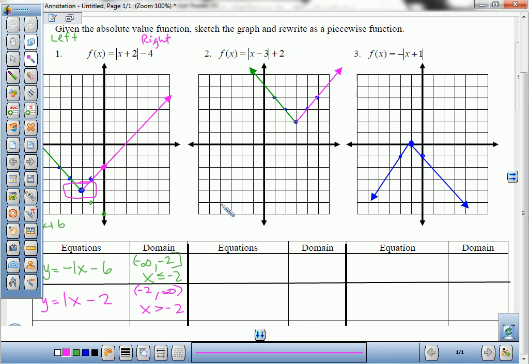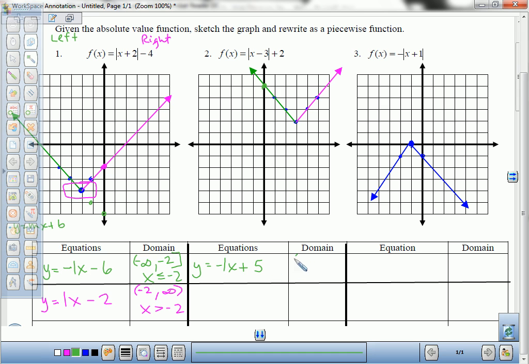All right, left side. This one has what kind of slope? Okay, pick any point to get to the next one. Down 1, right 1. Down 1, right 1. Okay, so that's going to be negative 1. And this one, we can see the y-intercept. What is that y-intercept? 5.